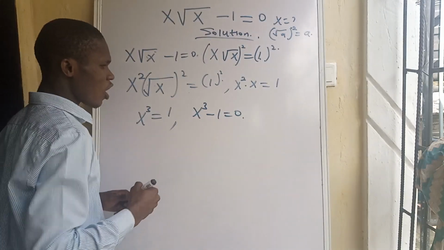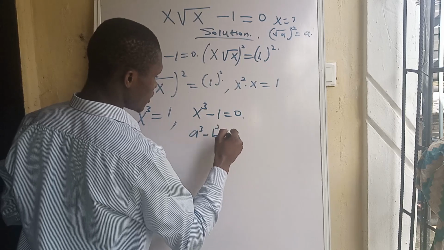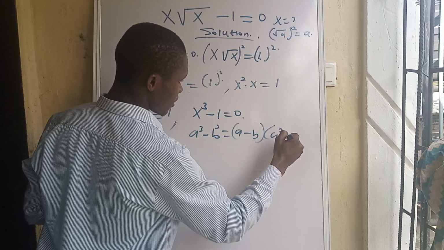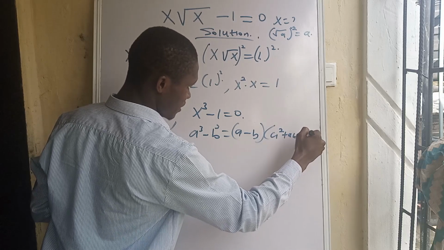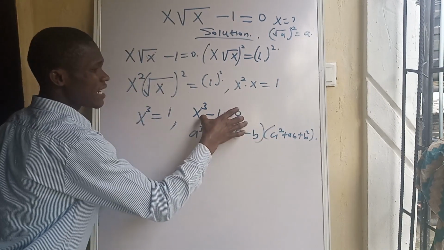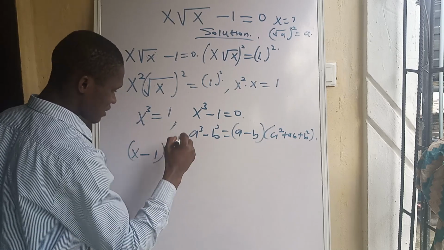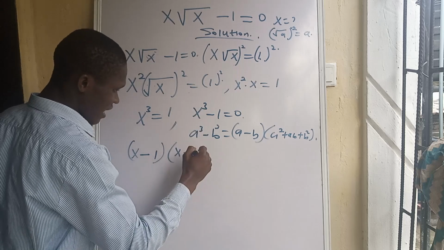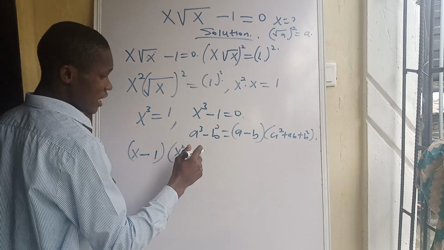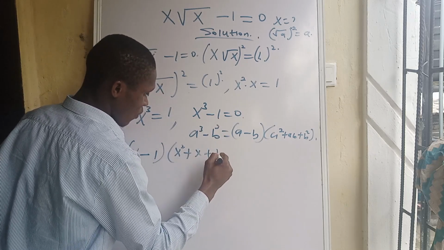Remember from simple algebra, a cubed minus b cubed is equal to a minus b times a squared plus ab plus b squared. If we apply this rule here, we are going to have x minus 1, full bracket, x squared plus x plus 1 squared.